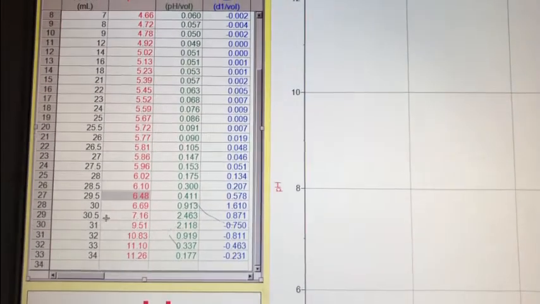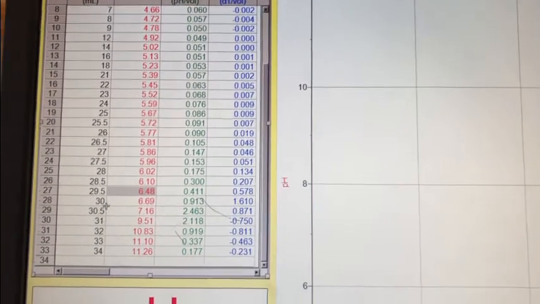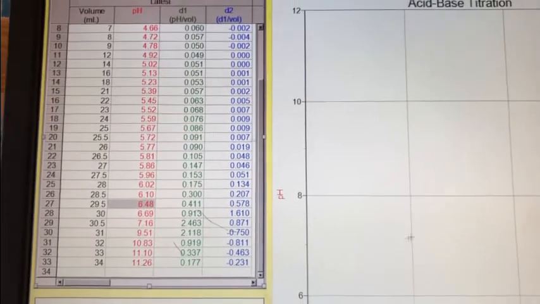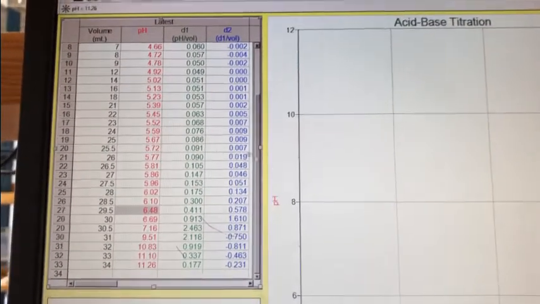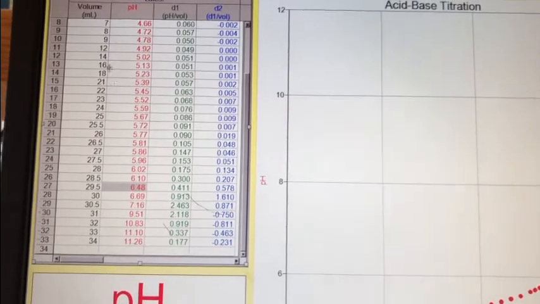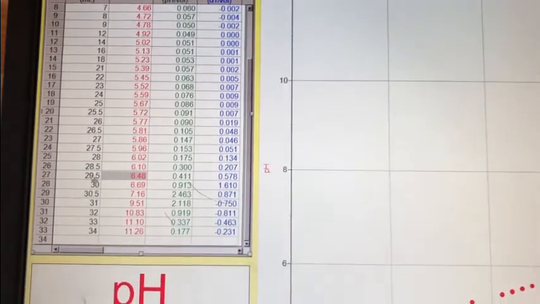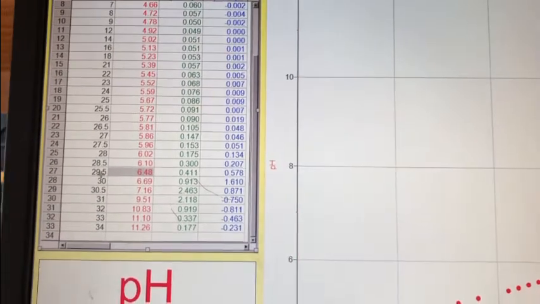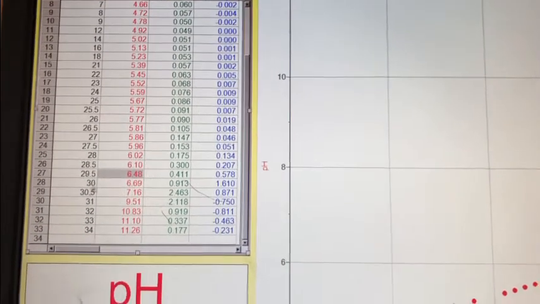So at the 30.5, around 30 to 31, we normally do the titration 3 times. First time with 1 ml, a big difference, second time with a small difference, and third time with the same small difference in this region.